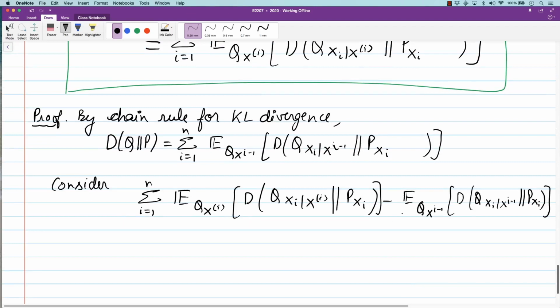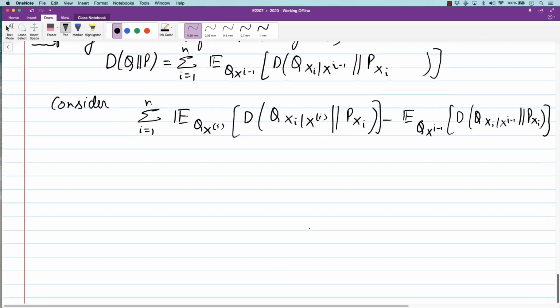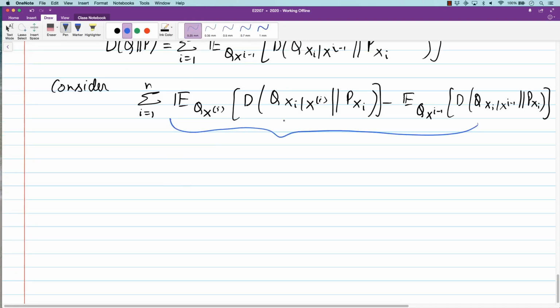Let's now look at each term here. Consider just this one. It can be written as an expected value, and let's look at the discrete case. There will be an expectation with respect to this conditional distribution of the log of the probability here over the probability here.